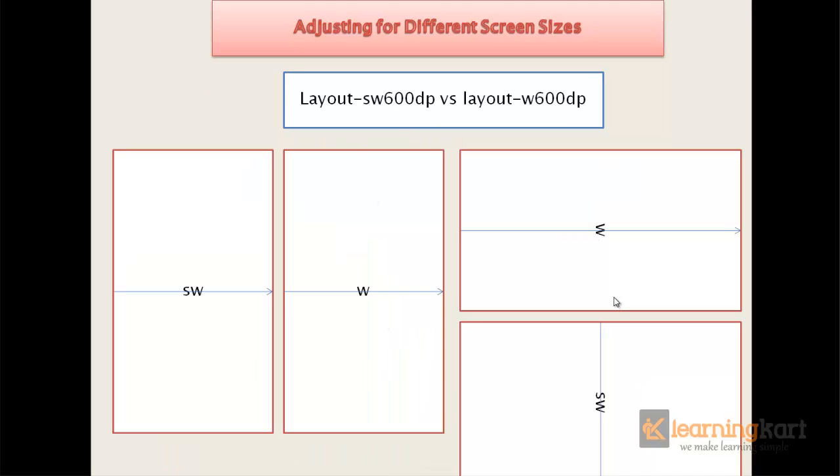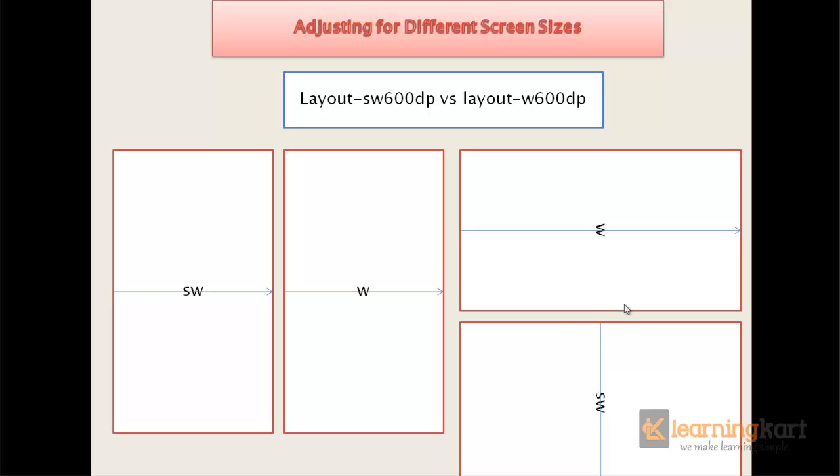Now this is how a shortest width differs from a simple width. In case both devices are in portrait mode, they both refer to exactly the same dimension. But if the mobile shifts to landscape mode, the width shifts to the height of the screen, whereas the shortest width still refers to the shortest dimension of the mobile.